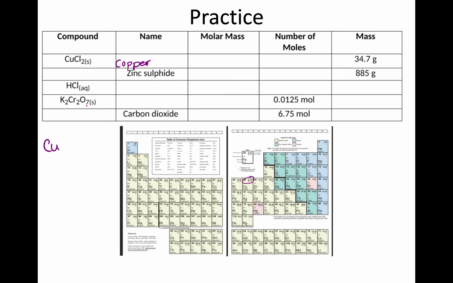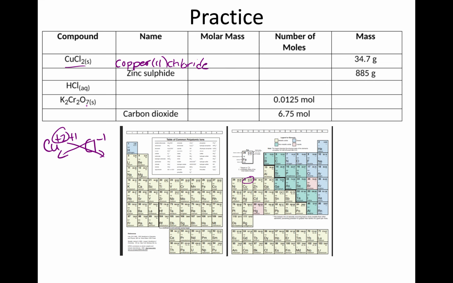Now, chlorine always has a charge of -1. So when these two came together, it had to be copper 2 when we swap and drop to have that neutral compound. So here, to show that I know which one I used, I'm putting a 2 in Roman numerals, and then I'll add on chloride, changing that ending to -ide.